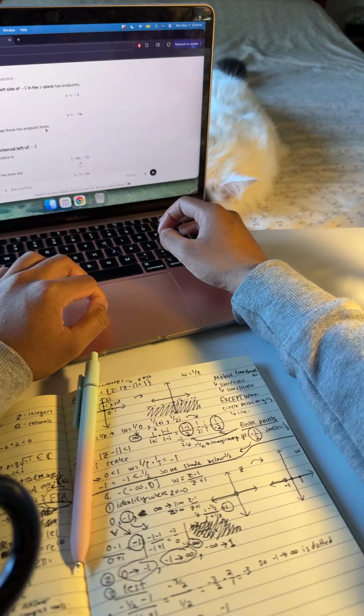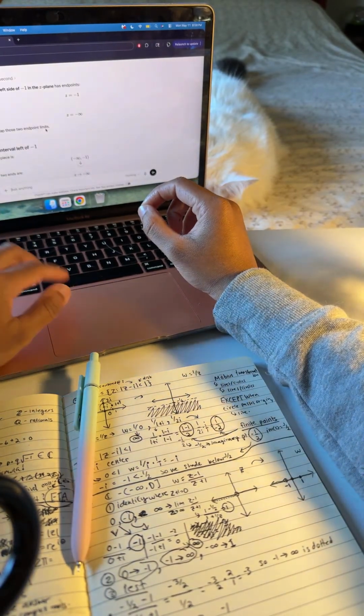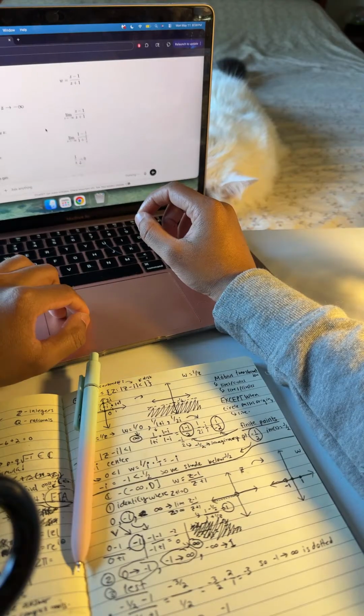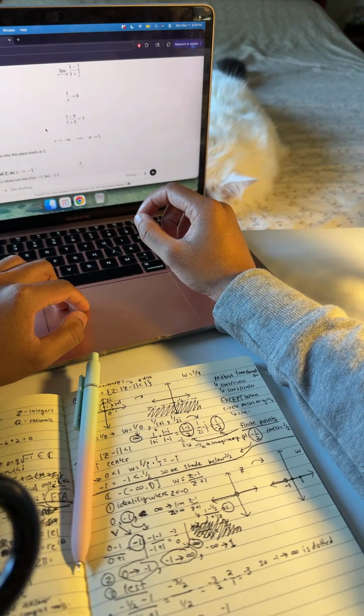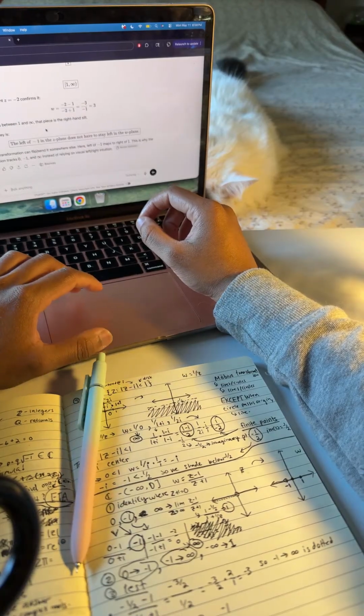So map those two endpoint limits. If two ends are... this doesn't make sense.